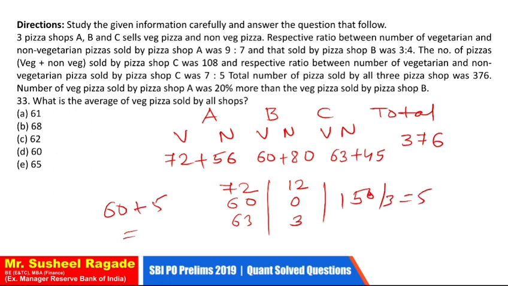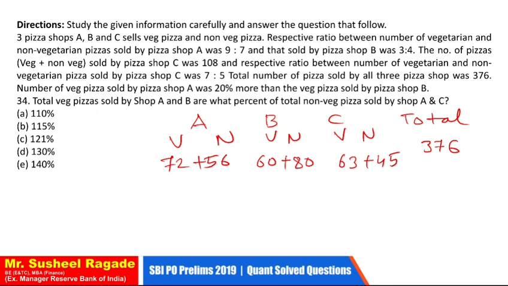So 60 plus 5 is equal to 65, which is the average. Otherwise you can add 72, 60 and 63 and divide by 3 and it will become 65, but directly orally you can find the average. What we have done is removed 60 from each number, taken the average of the remaining part, and added that 5 to the 60, getting the answer as 65.